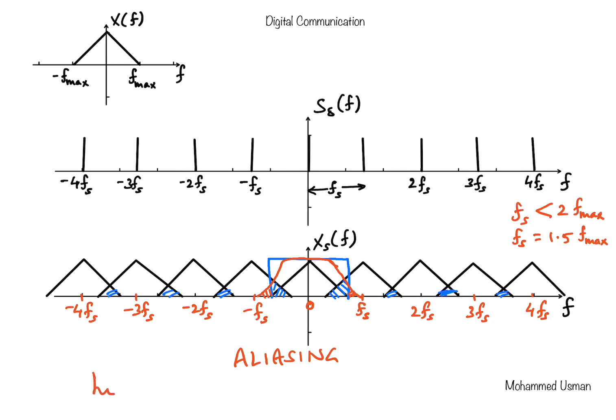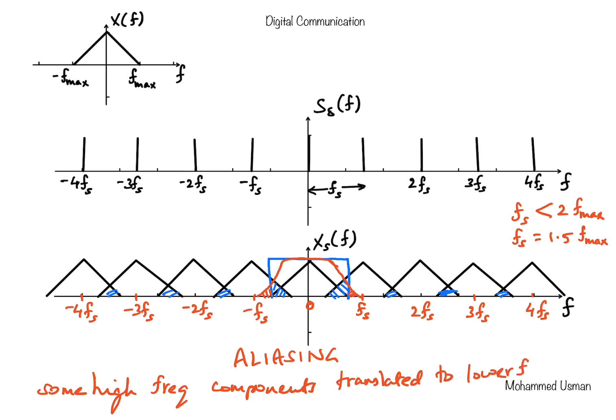So with aliasing, not all of them, but some high frequency components get translated to lower frequencies. Okay, and that is the problem of aliasing, which occurs when the Nyquist criterion has not been satisfied.